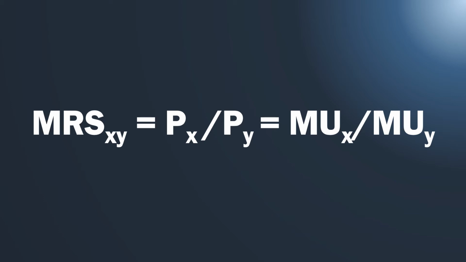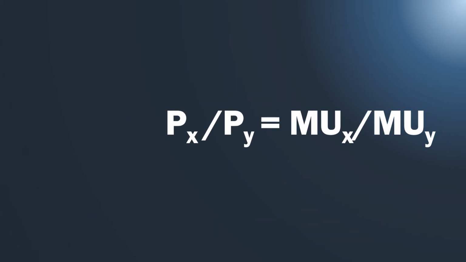Now what we've done is we've shown that that slope of the indifference curve also has to be equal to the marginal utility of x over the marginal utility of y. And so from this, we know that we can just get rid of the marginal rate of substitution here, and we still have a truth that the price of x divided by the price of y is equal to the marginal utility of x divided by the marginal utility of y.